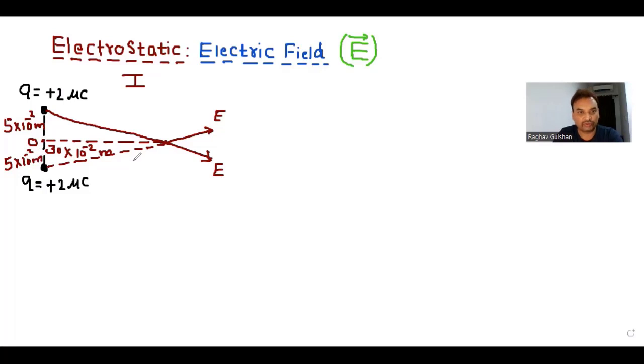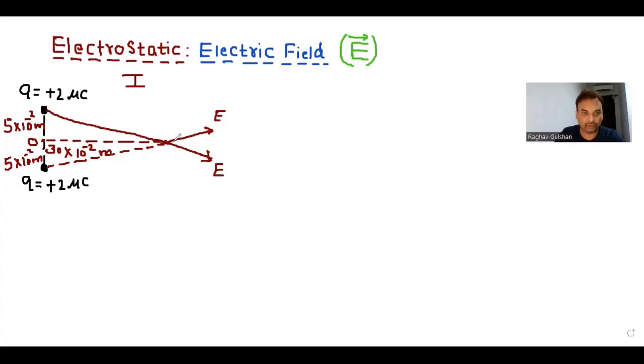So I think the question is clear to everyone. Now, this electric field is due to this charge, and this electric field is due to this charge. I have shown both the electric fields as E because I have like charges. Both the charges are Q. So how to find out the net electric field?